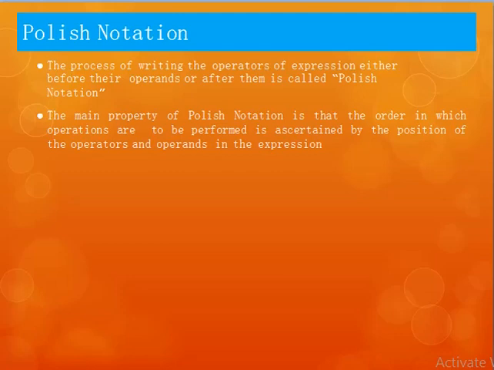Now, the polish notation. The process of writing the operators of expressions either before their operands or after their operands is called polish notation. The main property of polish notation is that the order in which the operations are to be performed is ascertained by the position of the operators and operands in the expression.